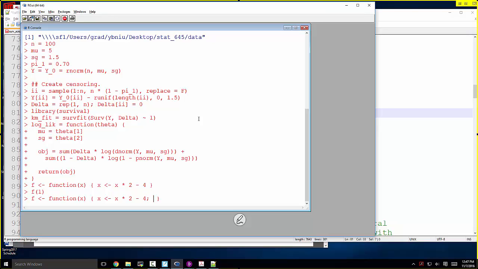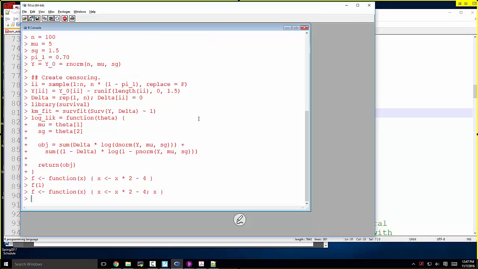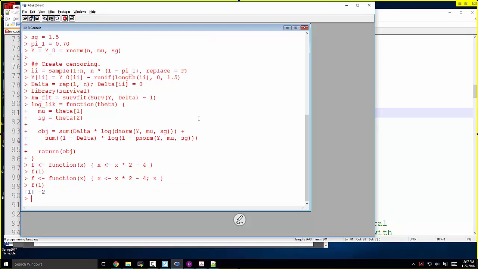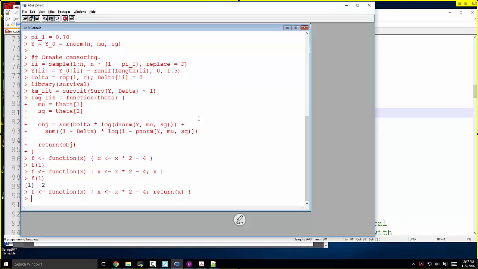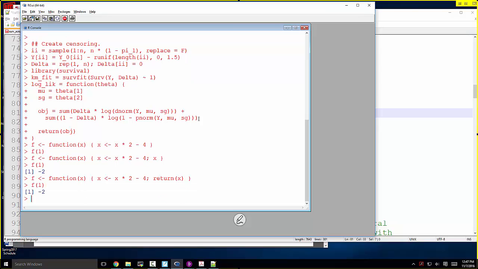I can make the last line of the function be just the name of the thing I want spit back to me. That is equivalent to saying return that object. I like using return just because it seems like the most readable way to write it.